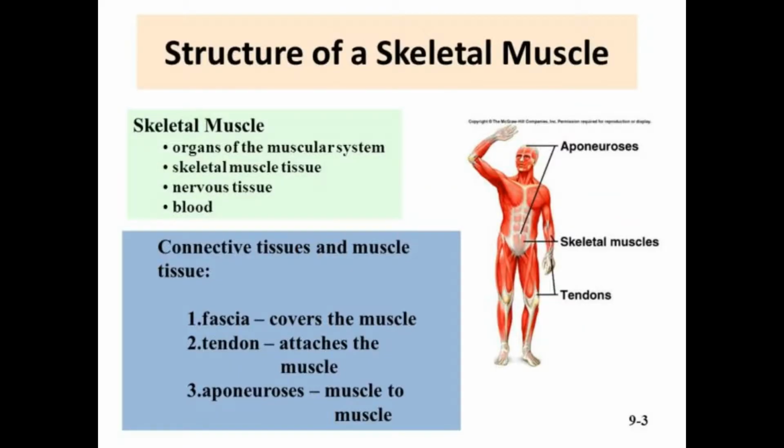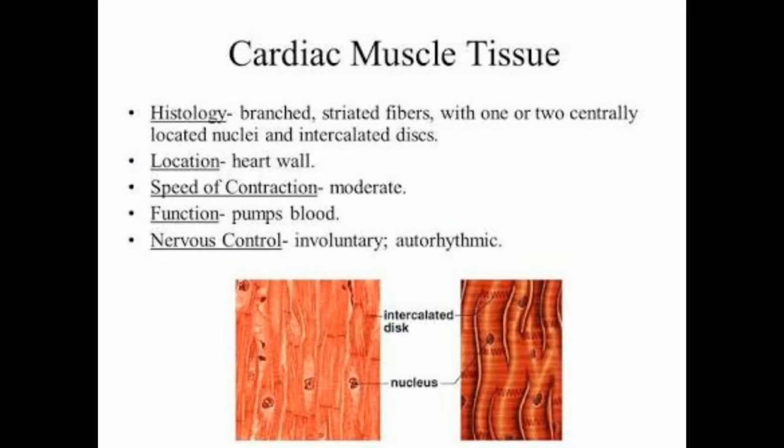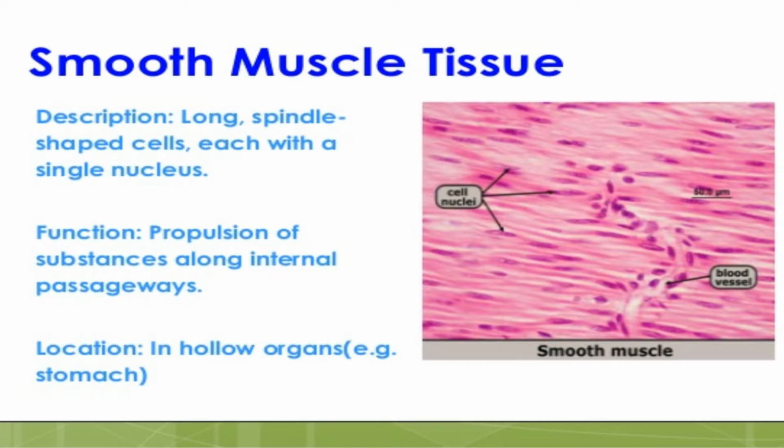In the case of skeletal muscle, it moves the bones and other structures, for example, facial expression. In the case of cardiac muscle, it helps to contract the heart to pump the blood. Next, smooth muscle. The contraction of smooth muscle constricts the blood vessels, that is, reduces the diameter of the vessels they surround.